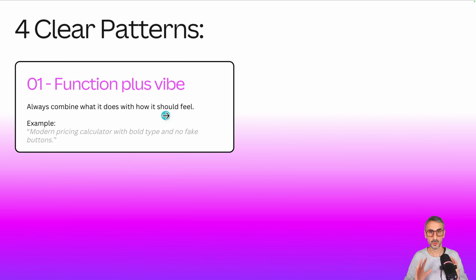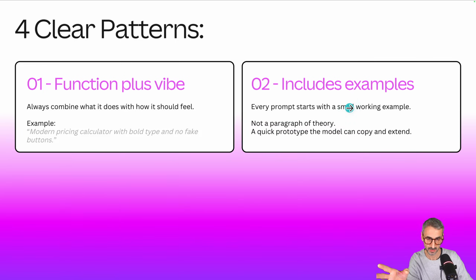That should be your first sentence. For example, one of the prompts is about building a price calculator. The first line is: build a modern price calculator with bold typeface and no fake buttons. So start with what it does, its function, and how it feels.